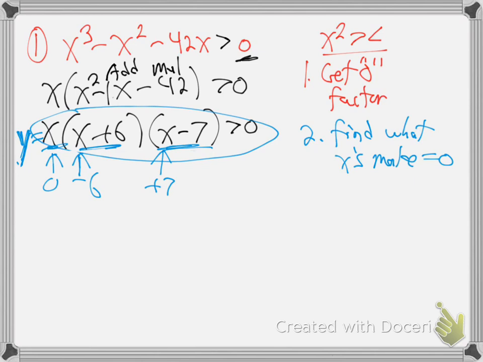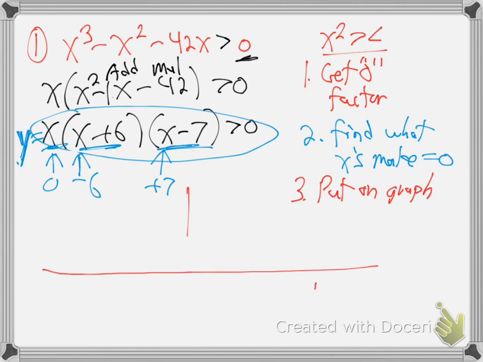Okay, so now find what x's make 0, and now step 3, put on a graph. I'm going to do a graph, and at x is -6, at x is 0, and at x is +7.